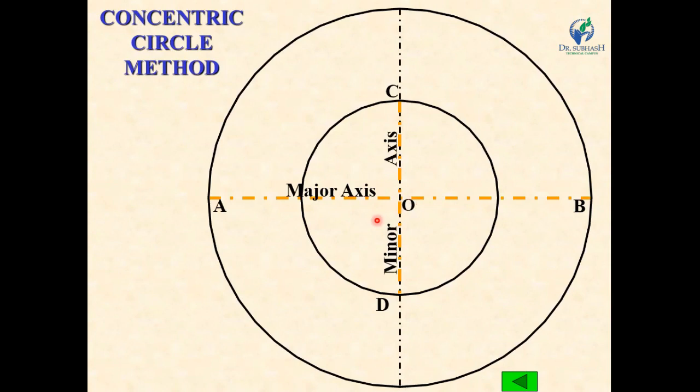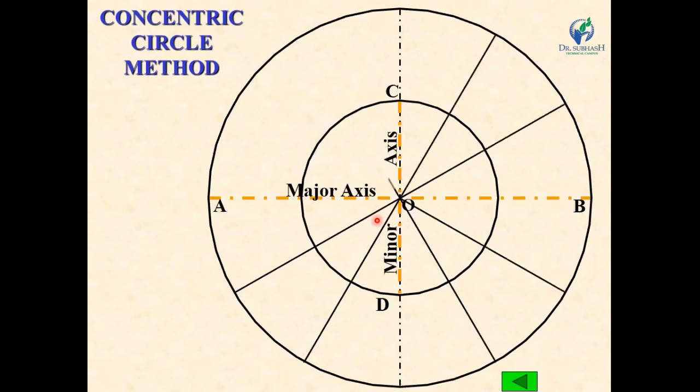Now we have to divide this circle into 12 equal divisions, and name them 1 on the outer circle and 1 dash on the inner circle. Okay, and this point is P1, the initial point of this ellipse.